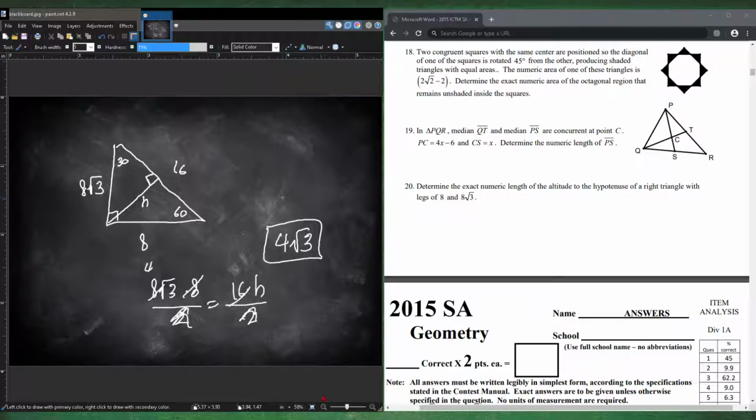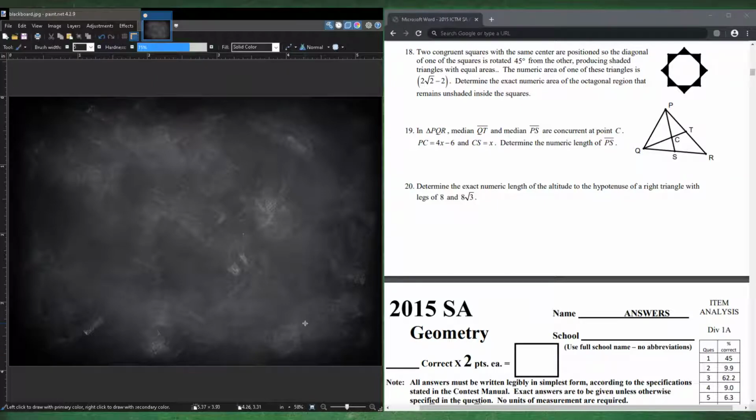Okay. And we conclude with an easy question. Overall, you should just know your 30, 60, 90 triangle, which is basically 30, 60, and 90 is the right angle. So this is side length x. Opposite of the 30 is x divided by 2, and opposite of the 60 is x square root 3 over 2.